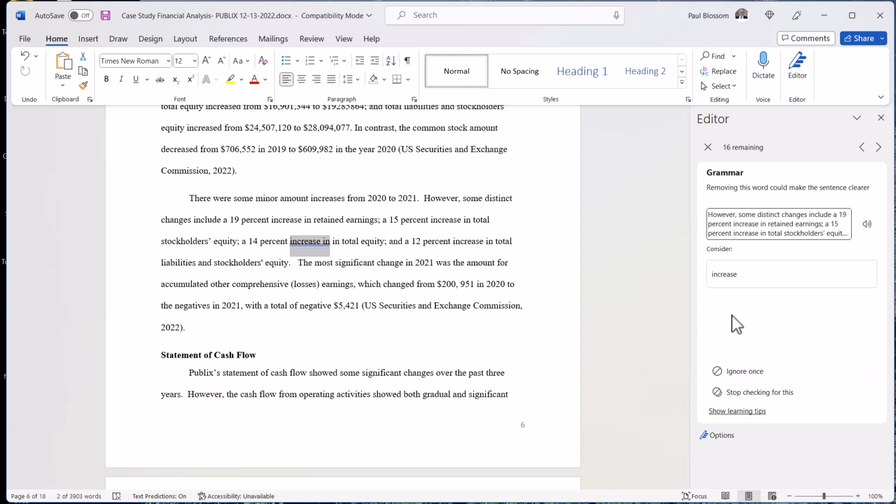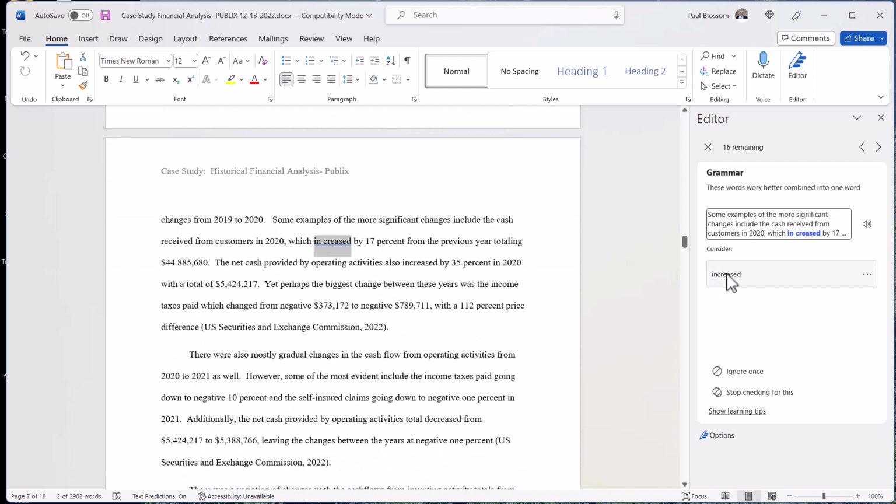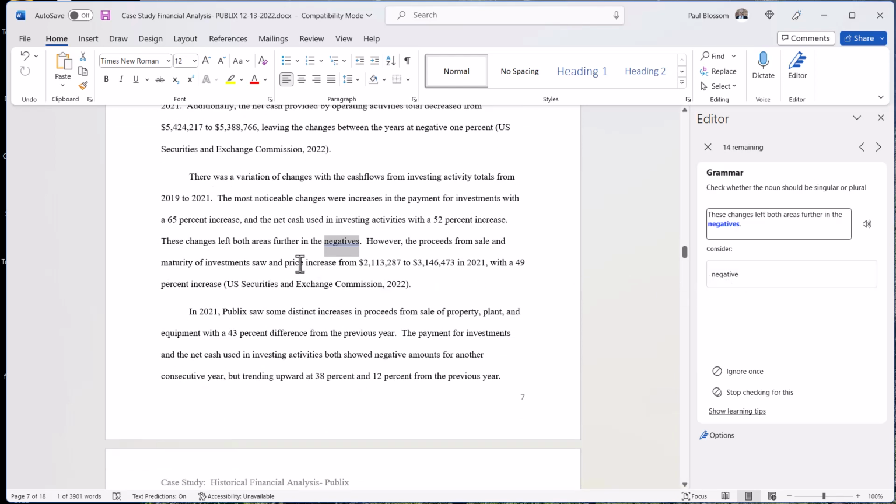The next one was that it says increase in and then in total equity. The in is repeated there, so just hit the increase to get rid of that. And then here we have increase with a space in between the N and the C. So get rid of that. And then here, negative again, not in the negatives.